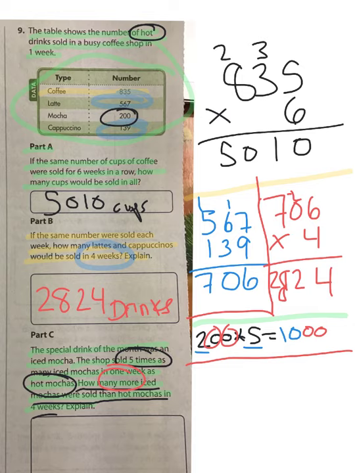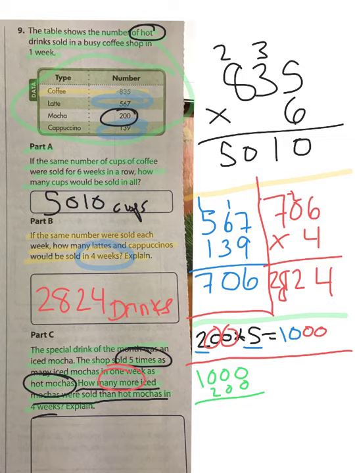So let's find out how many more iced mochas were sold than hot mochas in 1 week and then multiply it by 4. So we have 1,000 iced mochas sold in a week, and there are 200 hot mochas sold in a week.